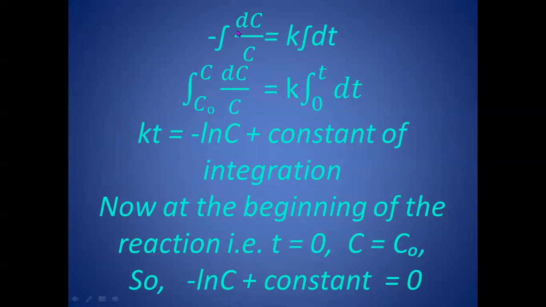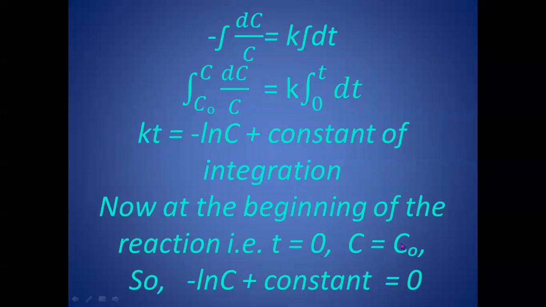Therefore, we can write Kt as equal to minus ln C plus a constant which is called constant of integration. Now, to find the value of constant of integration, we can use t as equal to 0. At t is equal to 0, the concentration of reactant is equal to C0.